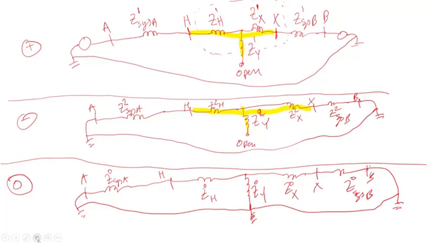So now I'm going to use a different color. What I'm going to do, I'm going to apply a line to ground fault, so to the low voltage. So your X is low voltage basically. So I'm going to connect this to the ground. So the X is connected to ground, and the same thing here. So you see this is connected to ground. So that's the fault basically. And the same thing here.